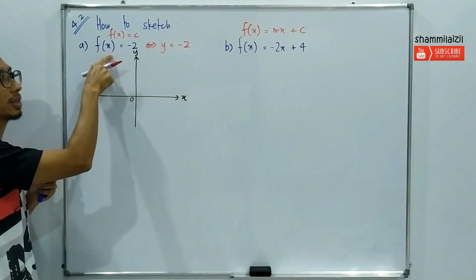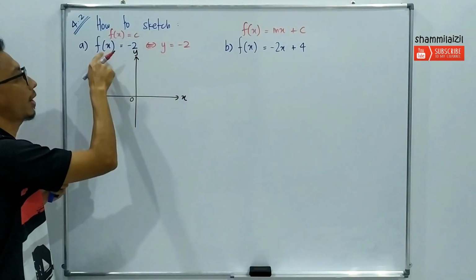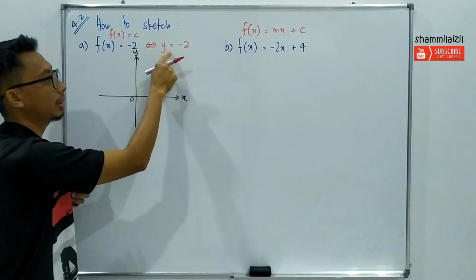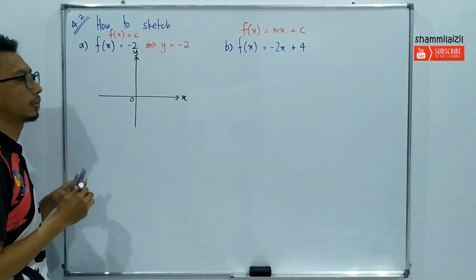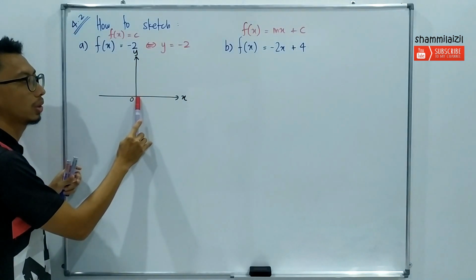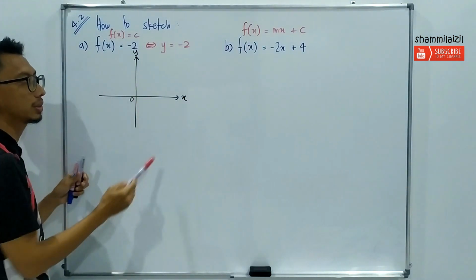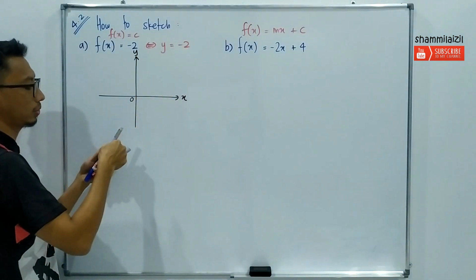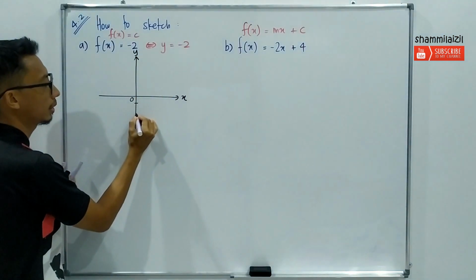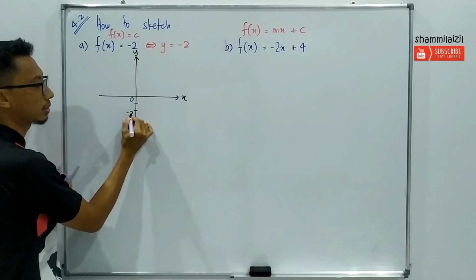Why? Because f(x) is actually y. So if f(x) equals minus 2, then y equals minus 2. So where is y equals minus 2? We knew already that somewhere here is 0, going up is positive, going down is negative. So going down 2 units, you will get minus 2. So minus 2 is somewhere here.